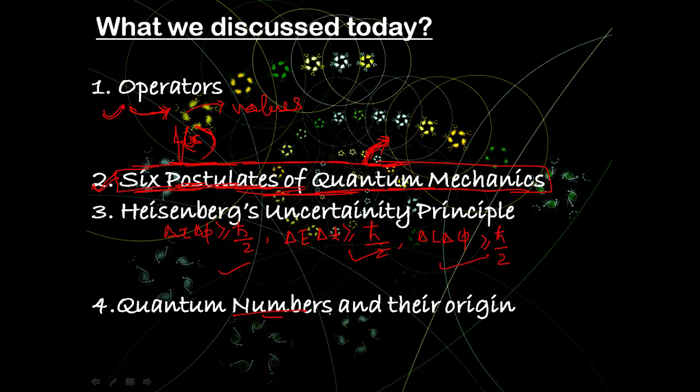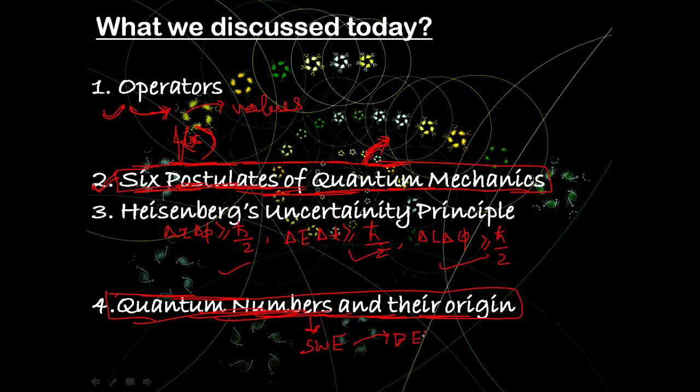Next, quantum numbers and their origin, how quantum numbers have originated and what is the significance of the quantum numbers that we have seen very quickly. You should know that they have originated from the solution of the Schrodinger wave equation, which is a differential equation solved by the variable separation method.